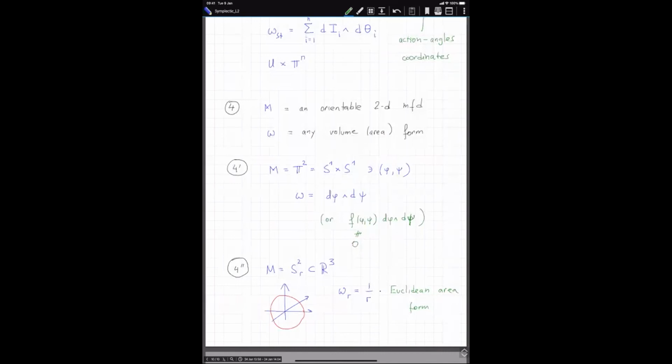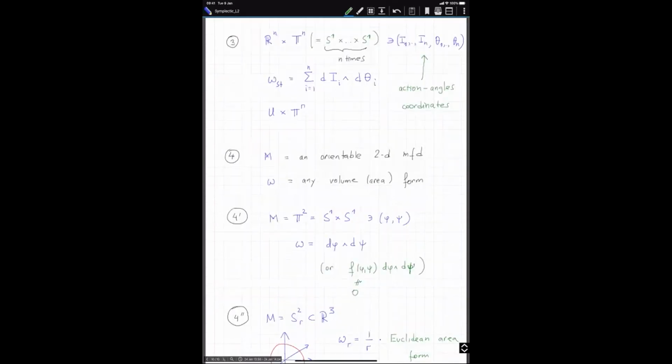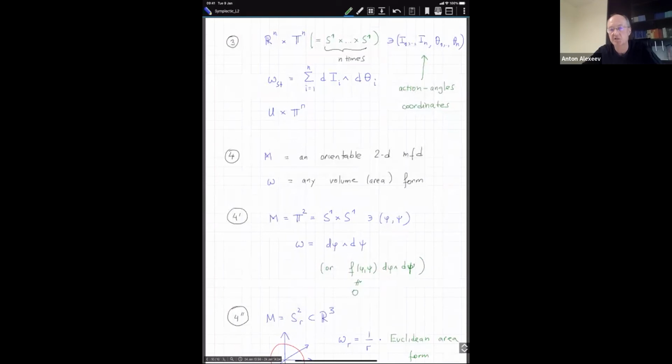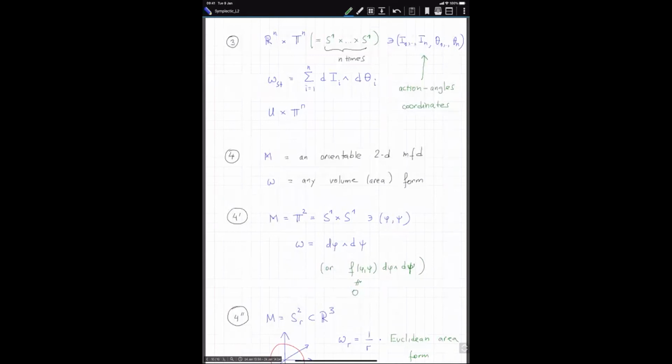I have a stupid question also. Is d theta i a closed form? Yes, d theta i is a closed form, but this is not an exact form, right? Now the question is, can we take T to the power 4, with sums like this, using the same thing but with T2 multiplied by T2?